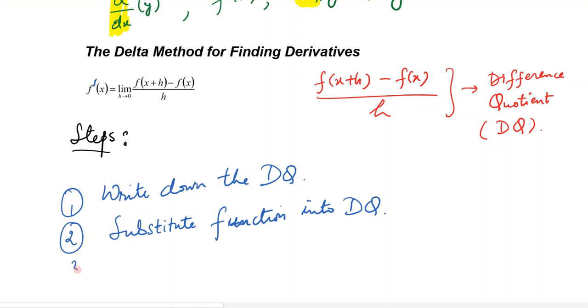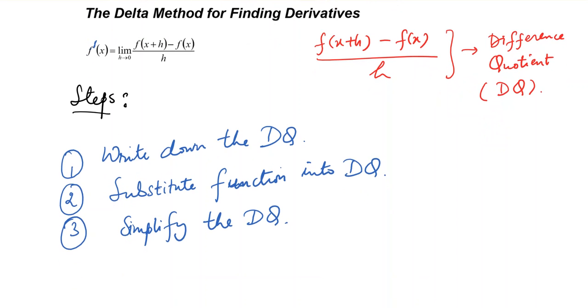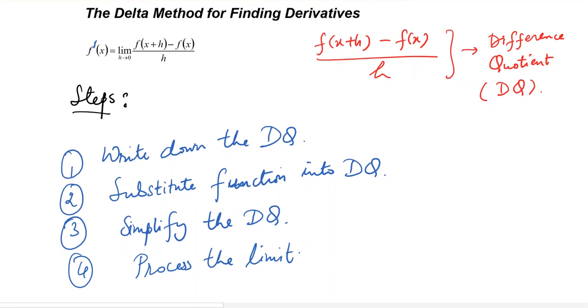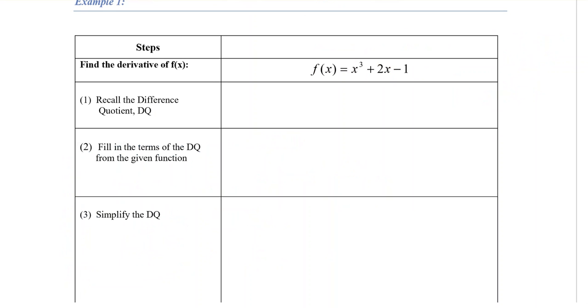Then simplify the difference quotient, and the last step is you process the limit, and this will give us the value of the derivative function in the end. So let's do a few examples where we're going to apply the delta method. So first one is find the derivative of the function x cubed plus 2x minus 1.